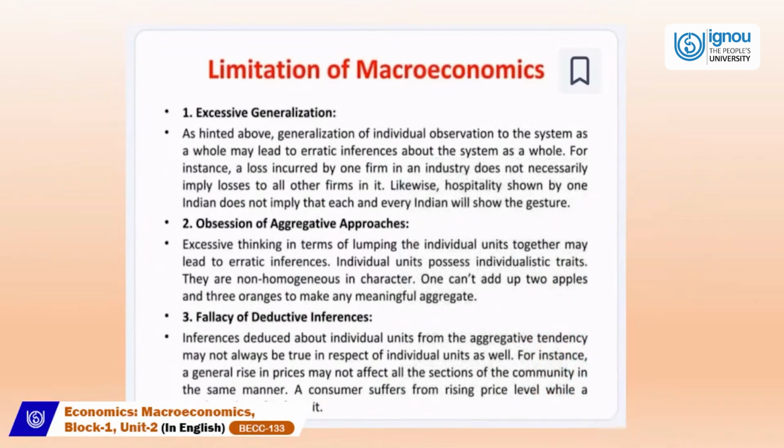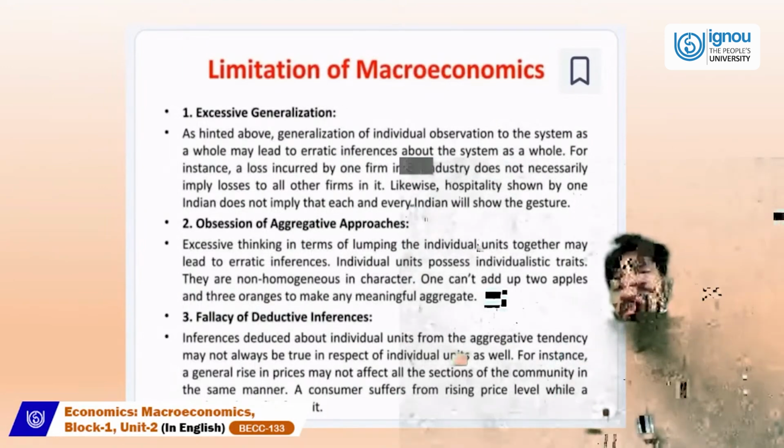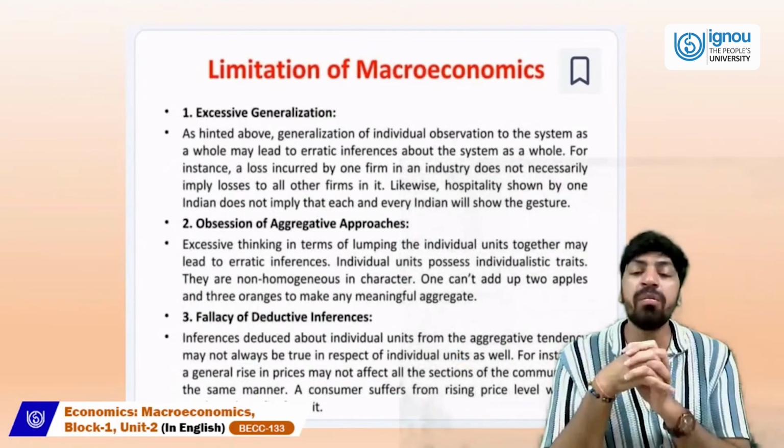What are traits here? We are talking about the qualities, the characteristics of the individuals, and they may not be true in the aggregate at all when inferences come from the individual units. Considering the aggregative tendencies or aggregative conclusions of a situation may not always be true.